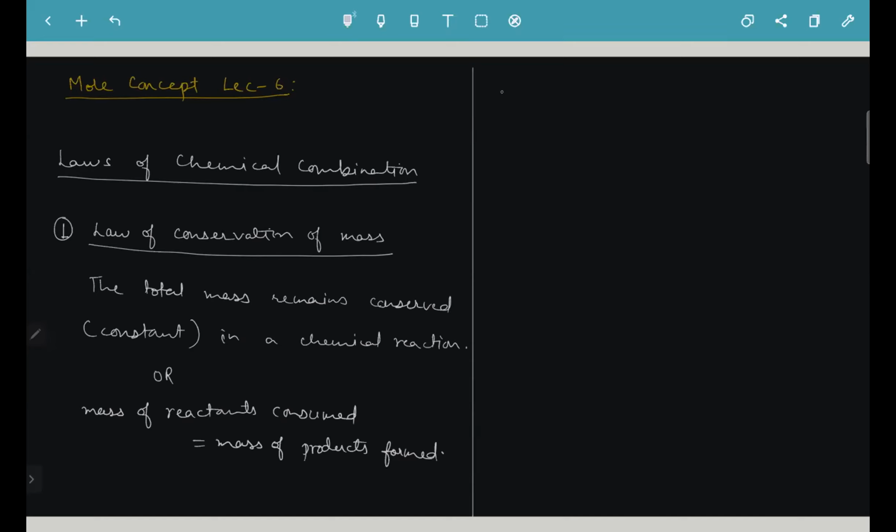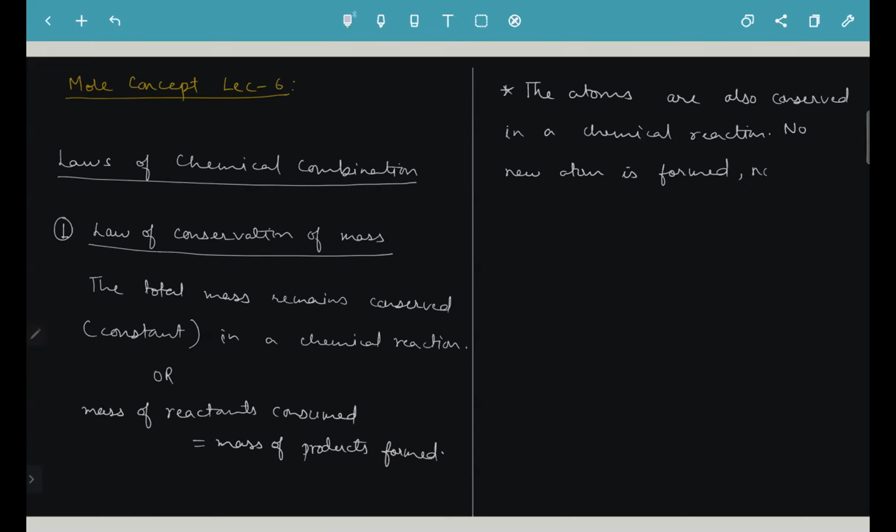So we can write this point: the atoms are also conserved in a chemical reaction. No new atom is formed. No existing atom is destroyed.